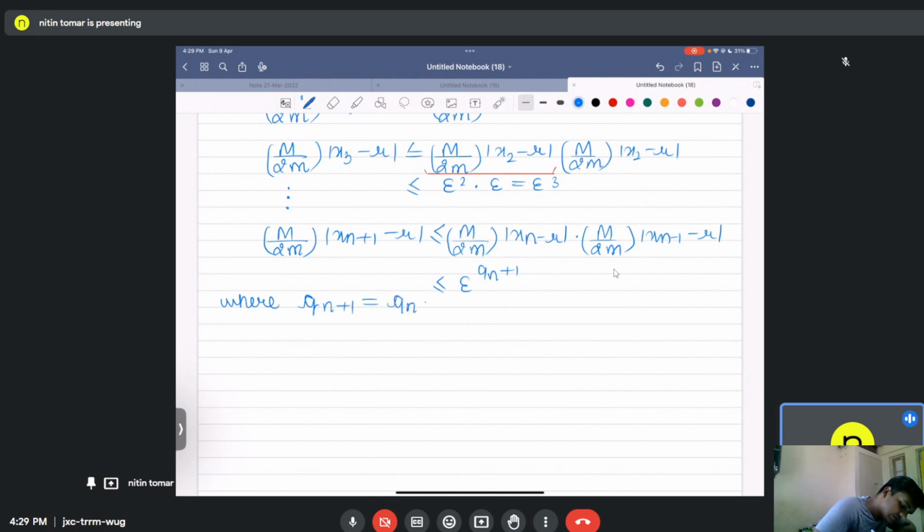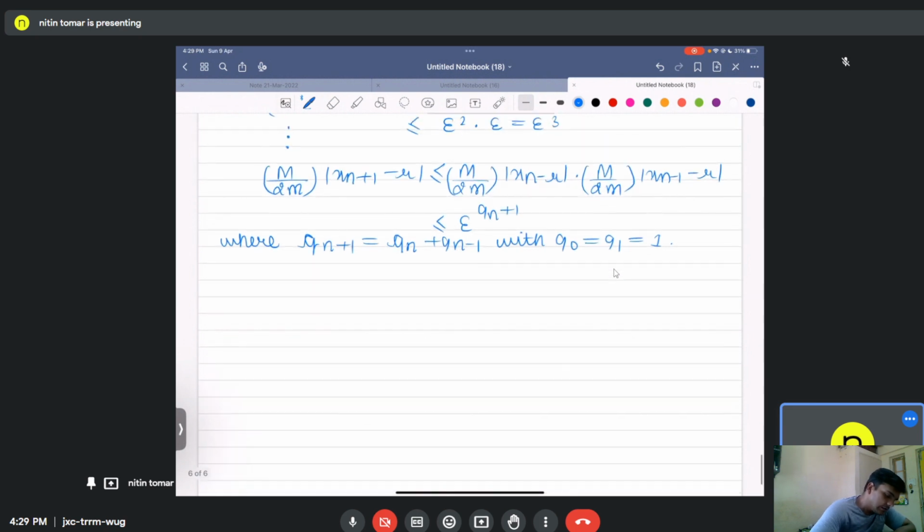So it is a Fibonacci sequence with q_0 the same as q_1, which is 1. Now see, as n goes to infinity, this Fibonacci sequence q_n goes to infinity, right?